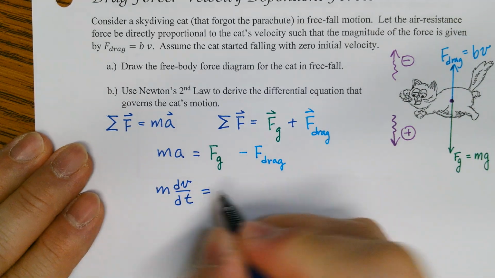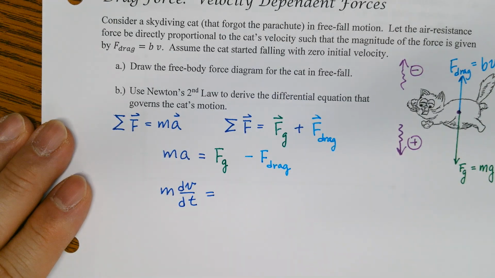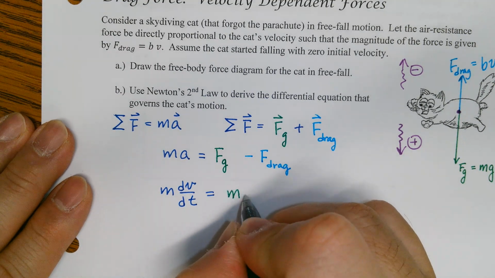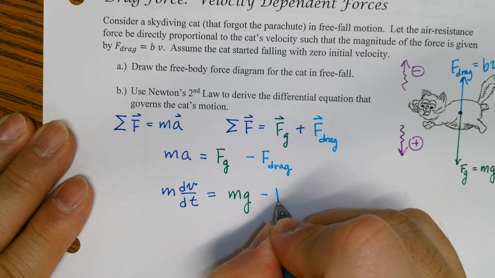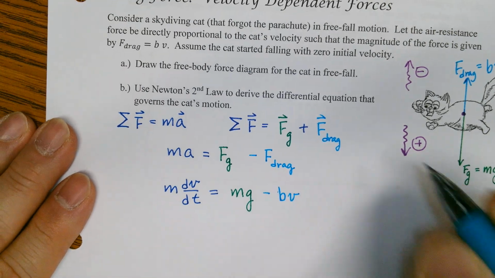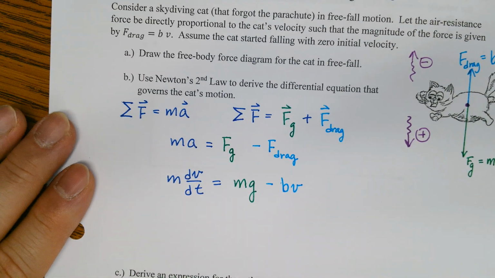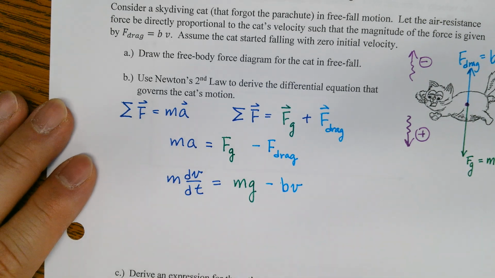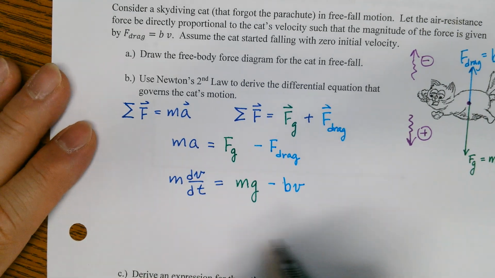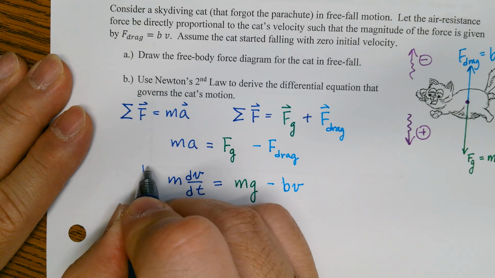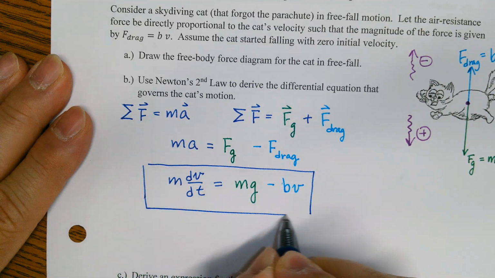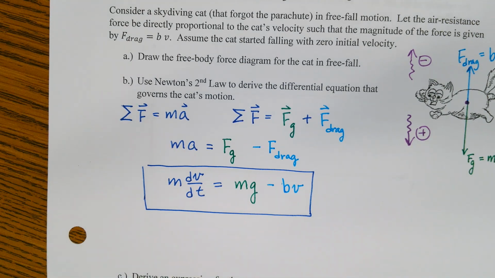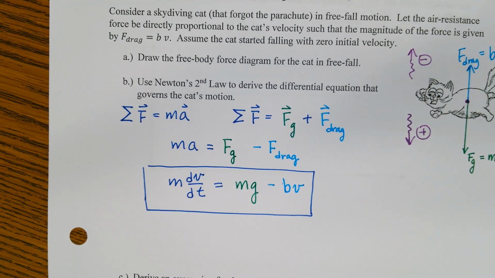And that is equal to mg minus bv. And that's all they want to know.